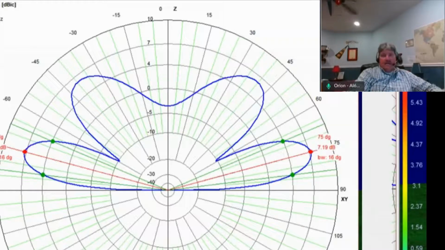But what's interesting is we're seeing a lot of vertical components. So here you're probably at 5 dB, 6 dB, and you're sending power up at an angle, which isn't exactly what you want when you're doing DX. So at one wavelength, the pattern seems to be changing.